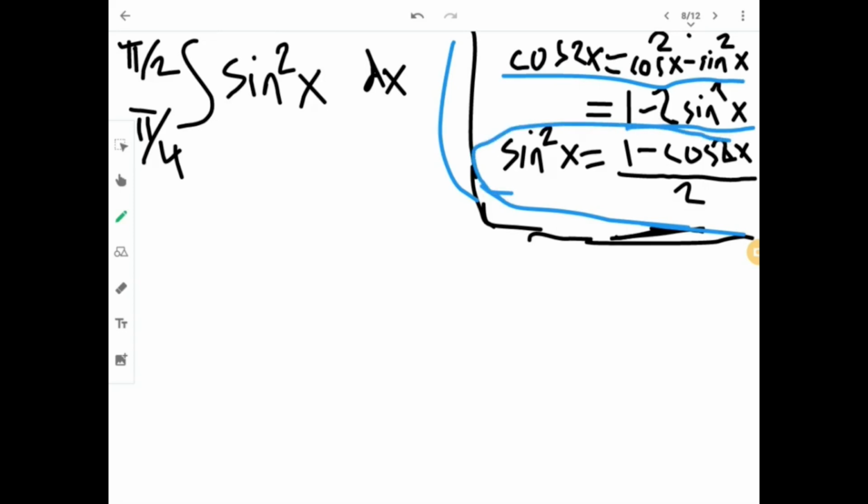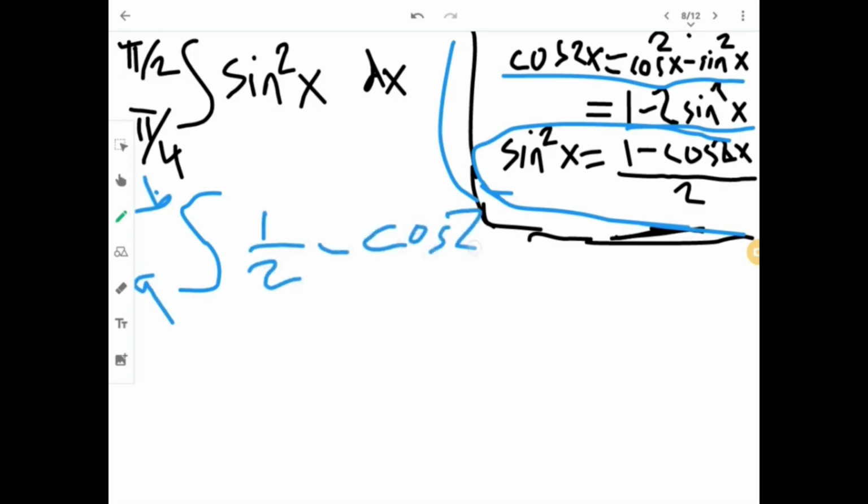So once you substitute, it becomes the integral between b and a, I won't repeat it, of 1 over 2 minus cosine 2x over 2, dx. Here you just do a simple integral.